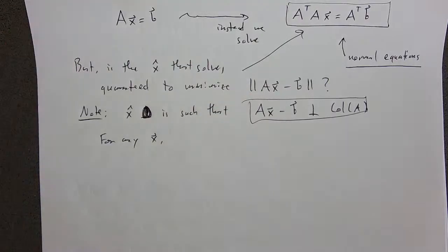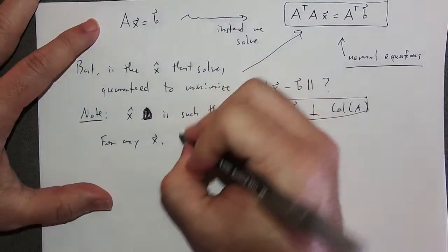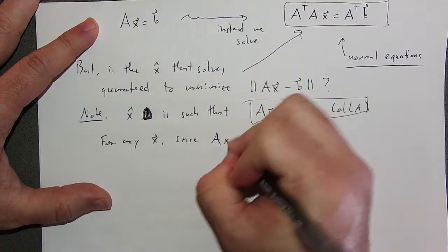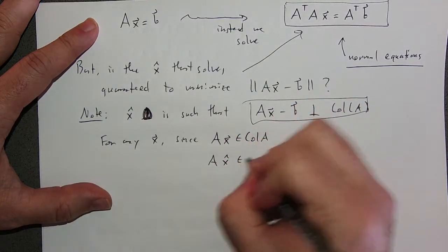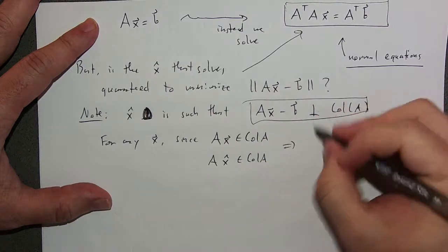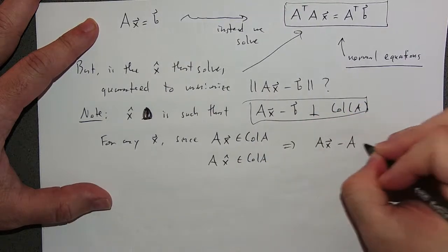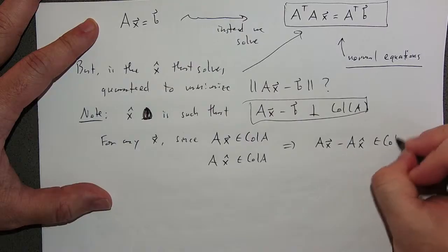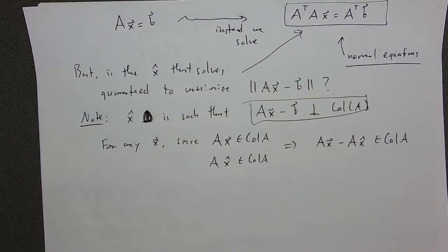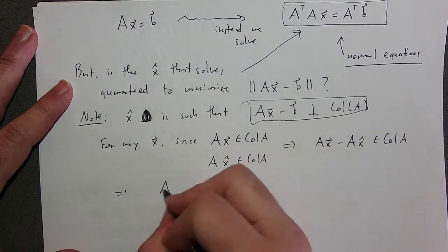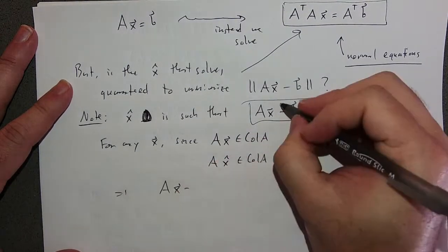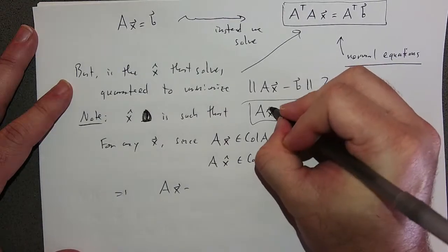since Ax is in the column space of A, and Ax hat is also in the column space of A, this implies that Ax minus Ax hat is in the column space of A. Column space of A is closed under vector addition, so this is true. Okay. But then what this means, since this is in the column space, it means that Ax, sorry, I wrote Ax bar here instead of Ax hat.